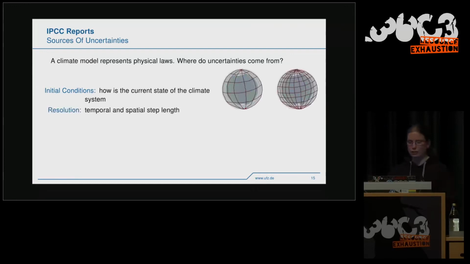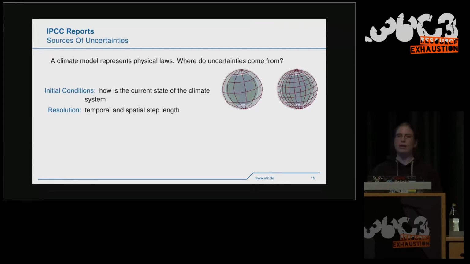Second would be the resolution of a model, so the temporal and spatial step length, meaning we always represent our climate system with differential equations, and we approximate everything. We have not the movement of every molecule, but we have some average on cells. And if we increase the resolution, then usually the uncertainties go down, but sometimes they don't.